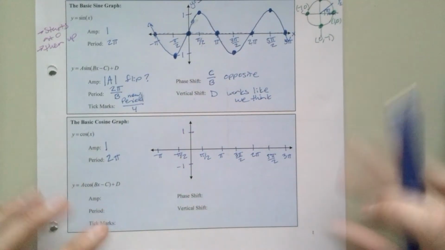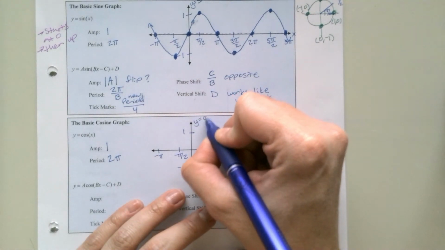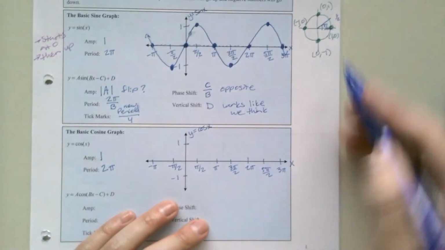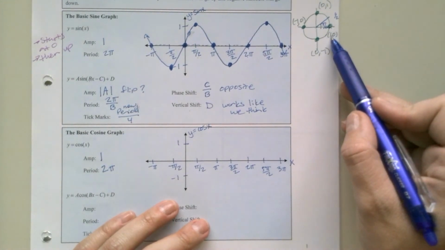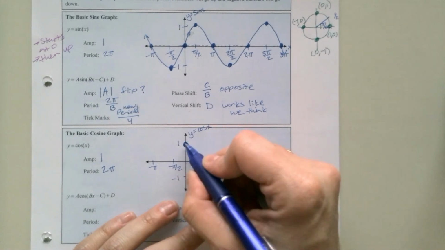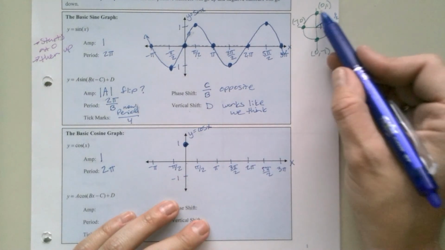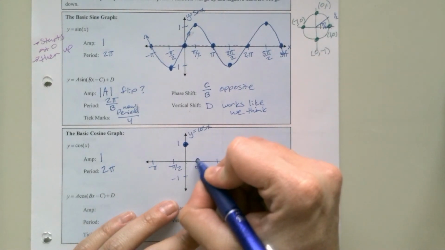Now, y is cosine of x. If we look at an angle of 0, my cosine value starts out at 1. And then at an angle of 90 degrees, my cosine value is at 0.